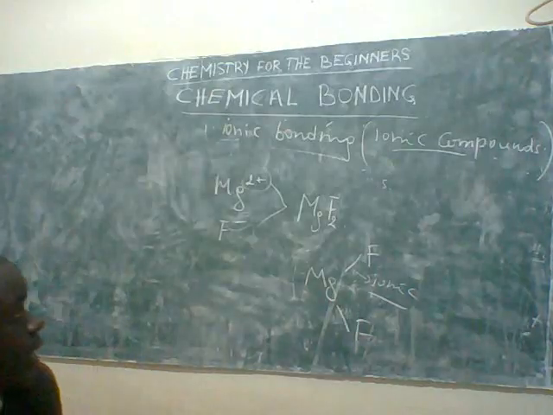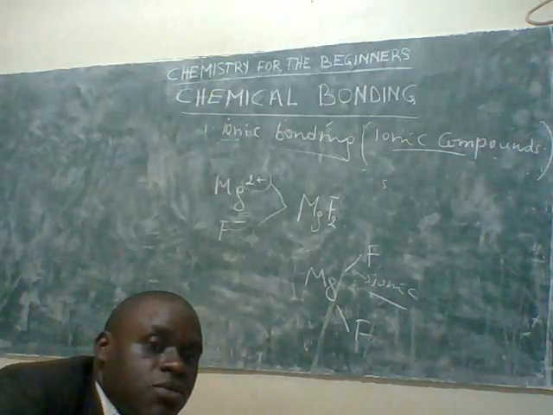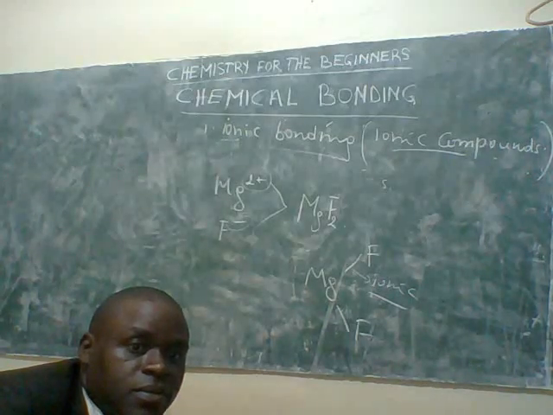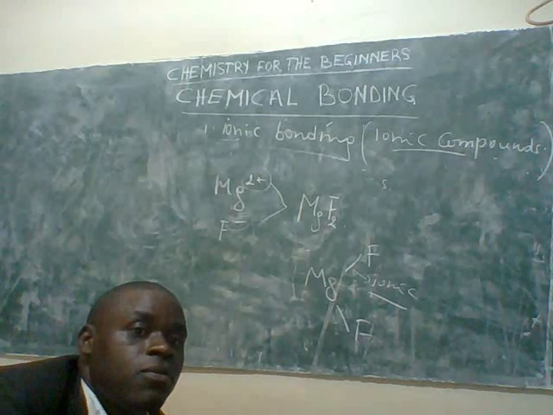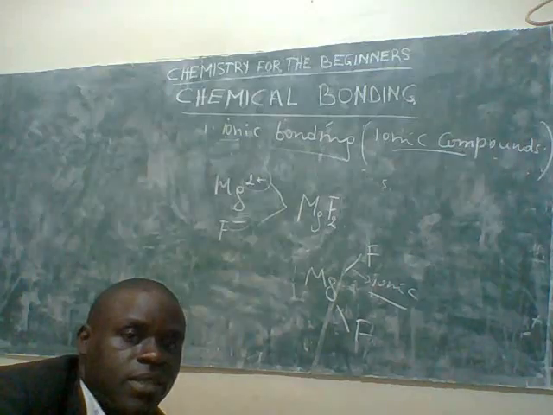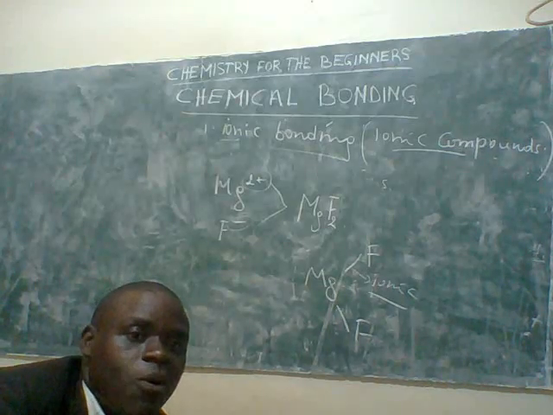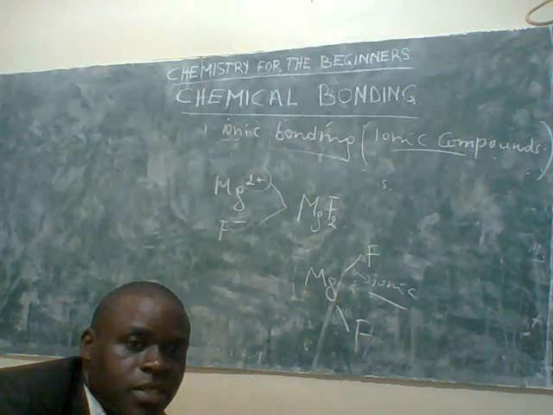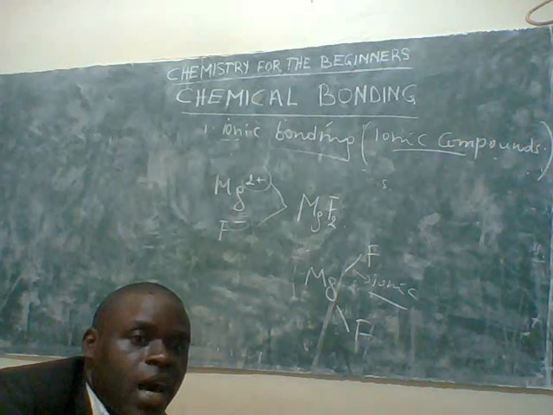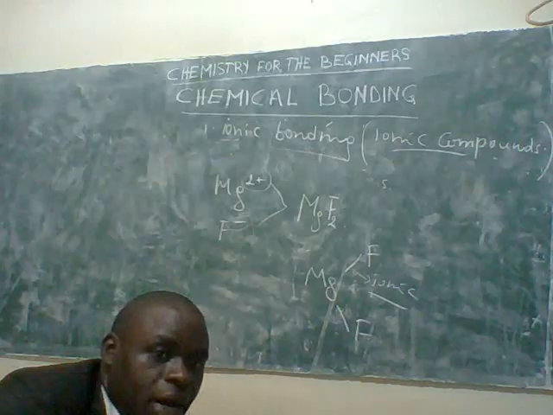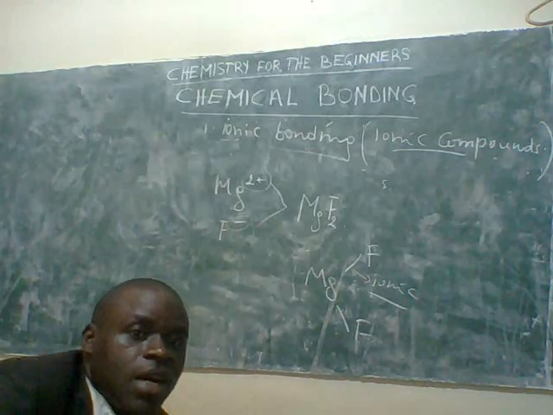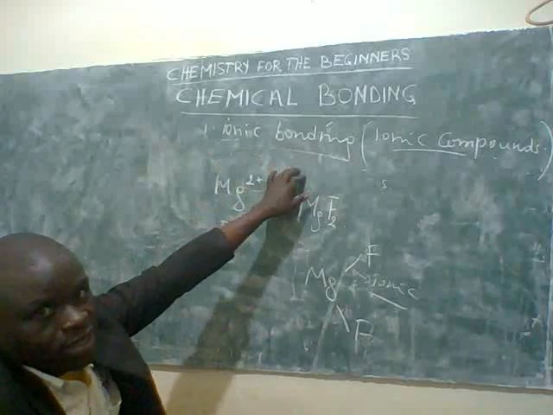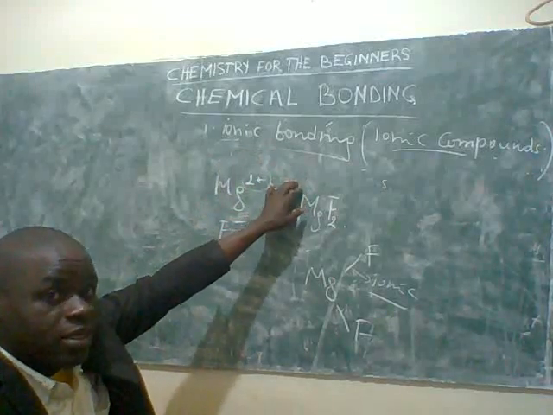But we know in order to get a reaction, we have to have the ions, which means any compound is composed of ions. But when we say ionic compounds, we are going to see how to know this type of bonding.